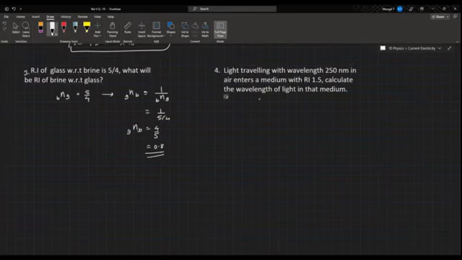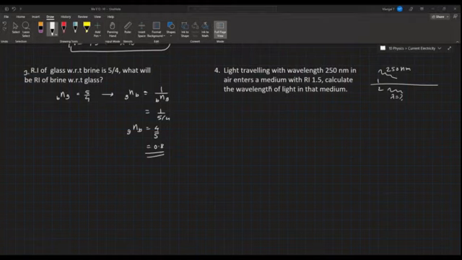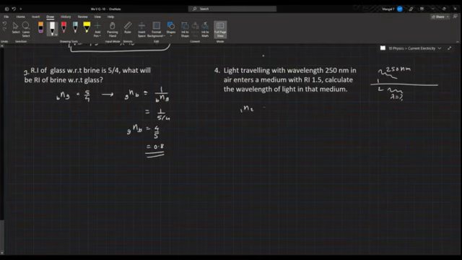Okay, so this is medium 1, medium 2. The light traveling has 250 nanometer as wavelength. They are asking what is the wavelength in the second medium. It is provided that the refractive index is 1.5. So refractive index of second with respect to first is wavelength in medium 1 upon wavelength in medium 2.